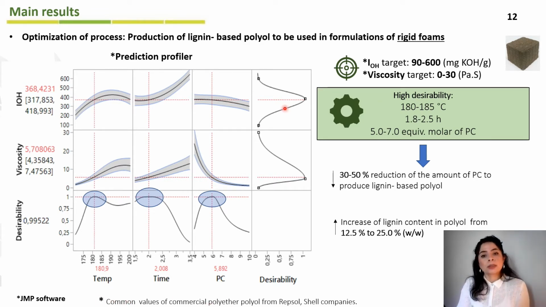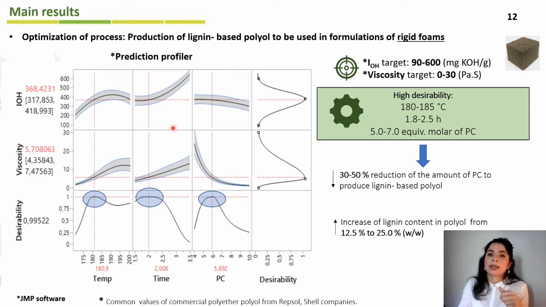For example, hydroxyl number from 90 to a maximum of 600 milligram KOH per gram, and viscosity 0 to 30 Pascal per second.